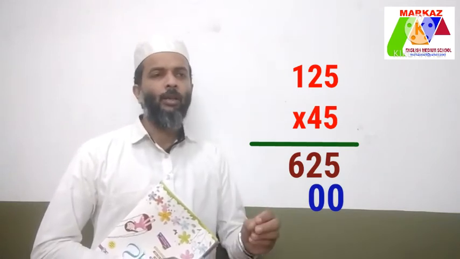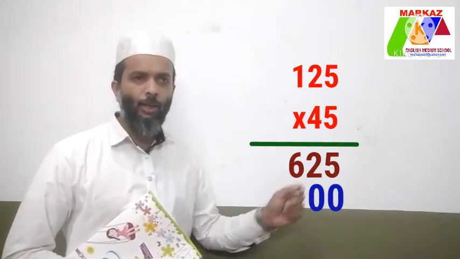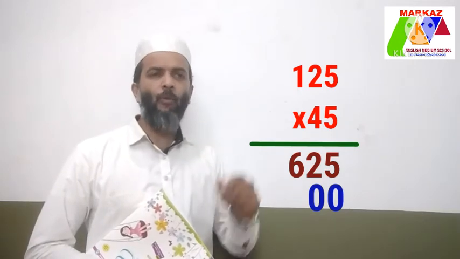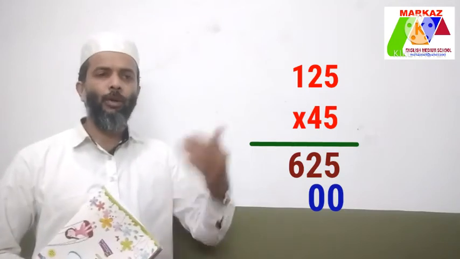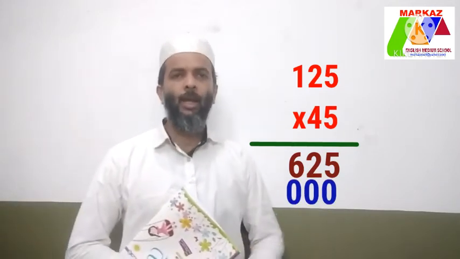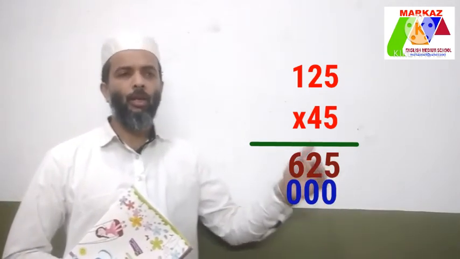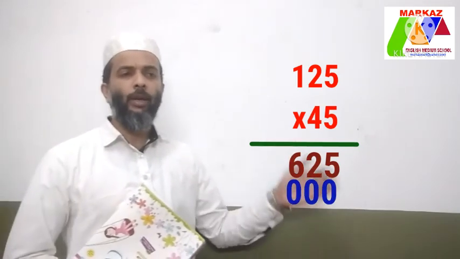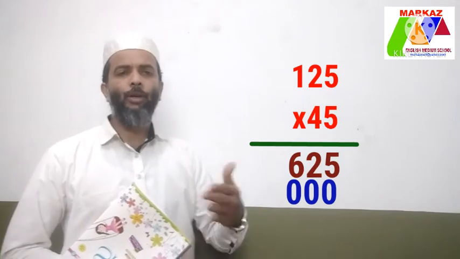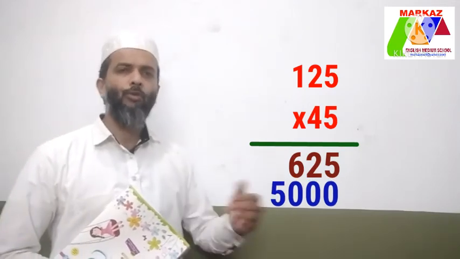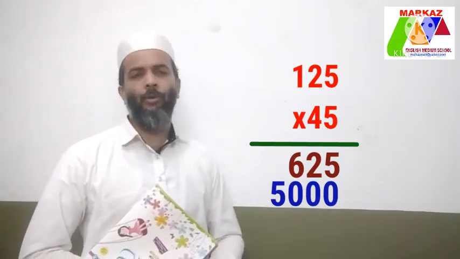Is it clear? If you write like that, you will not make a mistake when adding your answer. Then 4 into 2 is equal to 8 plus 2 is equal to 10. 0 in tens place, 1 in hundreds place. 4 into 1 is equal to 4. 4 plus 1 is equal to 5.